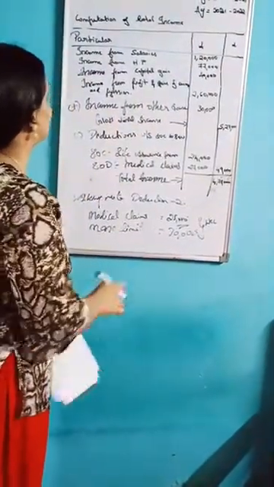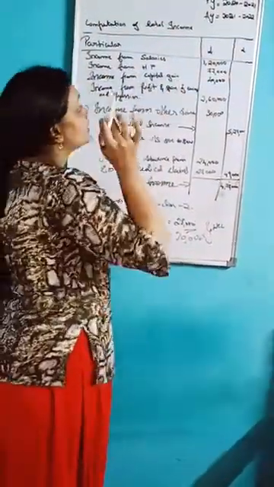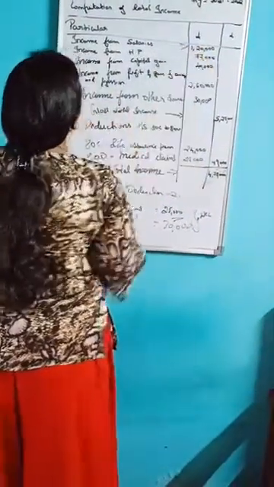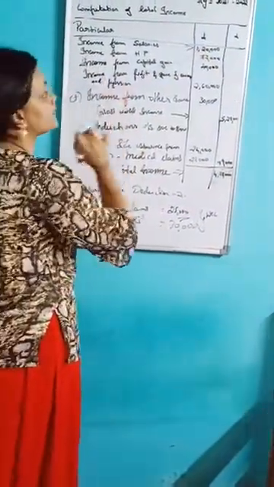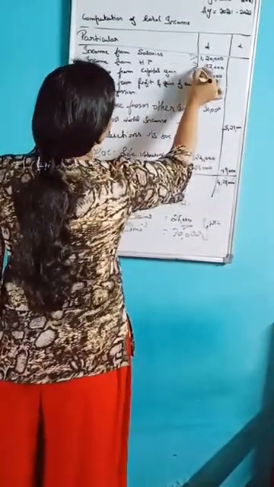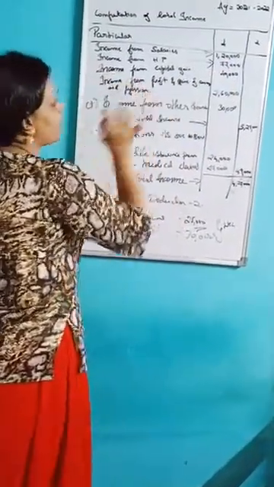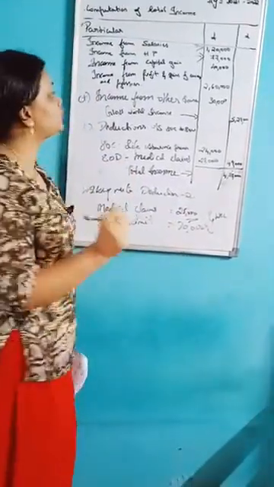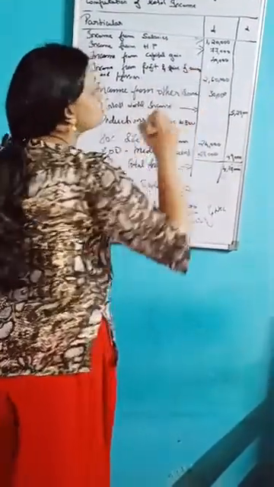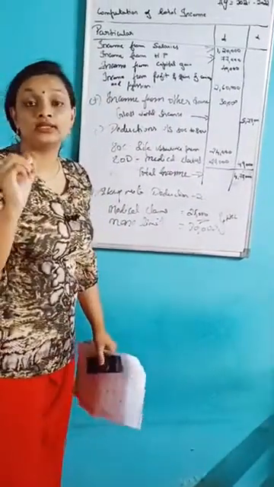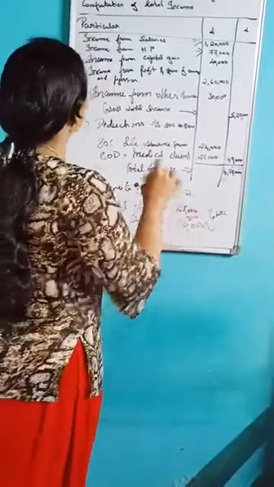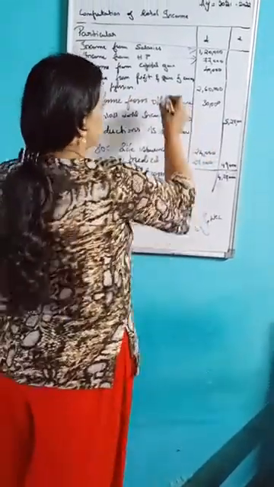Once again I will repeat. Income from salary, we calculate everything, the final answer is 1,20,000. Income from house property, you will get 77,000. Income from capital gain, we take the short term capital gain, that is 40,000, because long term capital gain is a loss, so we will not take it.